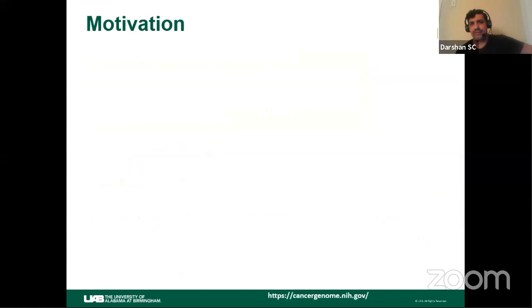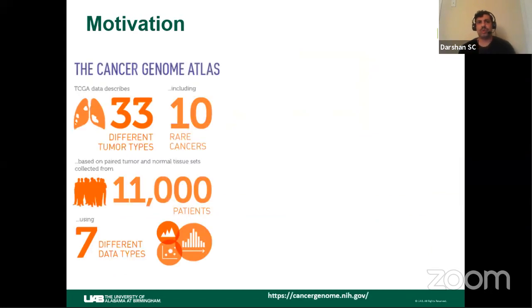Briefly about the Cancer Genome Atlas program. This program was conducted by at least 20 laboratories from the US and Canada, where they collected tumor and normal samples from approximately 11,000 patients corresponding to 33 different types of cancers.